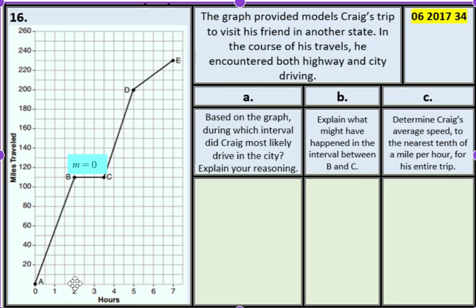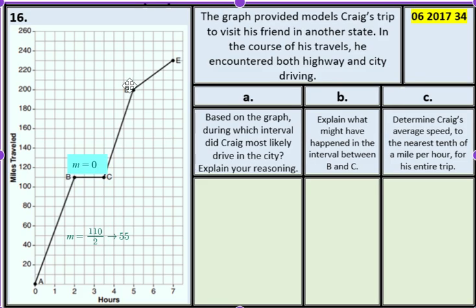My change in x was 2. I'm reading the scale. There's 4 grids, but they're counting by every other one. So this is actually 110 over 2. So at that point, he's driving 55 miles an hour.